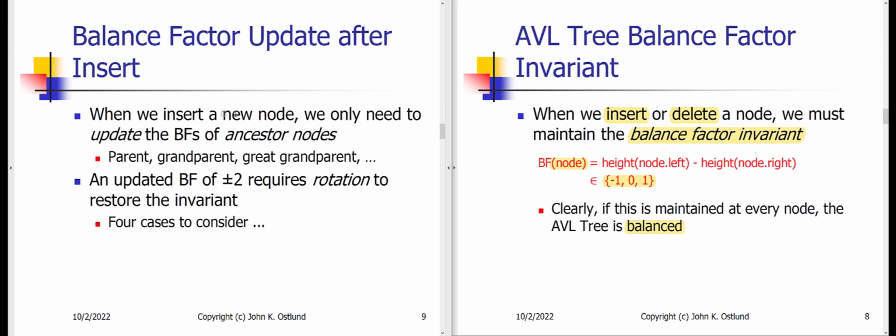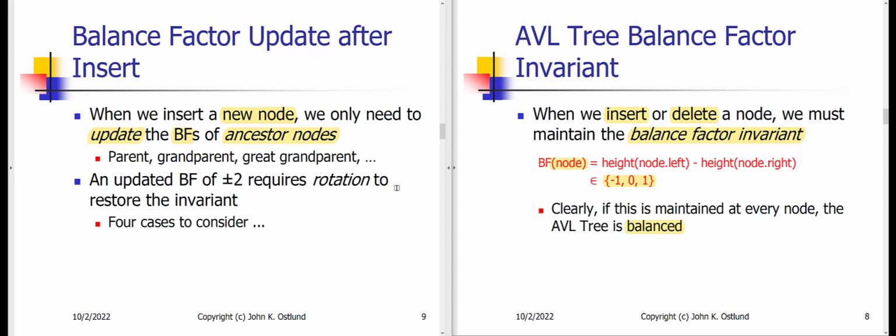Now, whenever we insert a new node, the new node is going to be inserted at the bottom of our binary search tree. An AVL tree is a binary search tree. It's just a binary search tree that is balanced. So we only need to update these balance factors among the ancestor nodes of the new node that we have inserted.